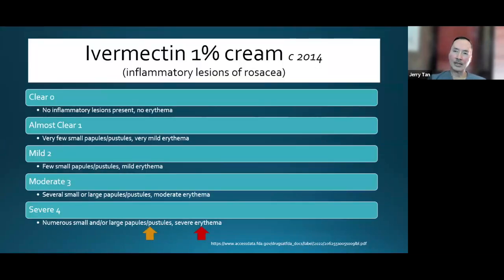And the problem, for example, is how we measure in clinical trials the outcomes of this kind of conflationary subtyping. So, for example, with ivermectin 1% cream, this study was done circa 2014. The inflammatory lesions of rosacea had features of large papules and pustules and then erythema within the same grading system.